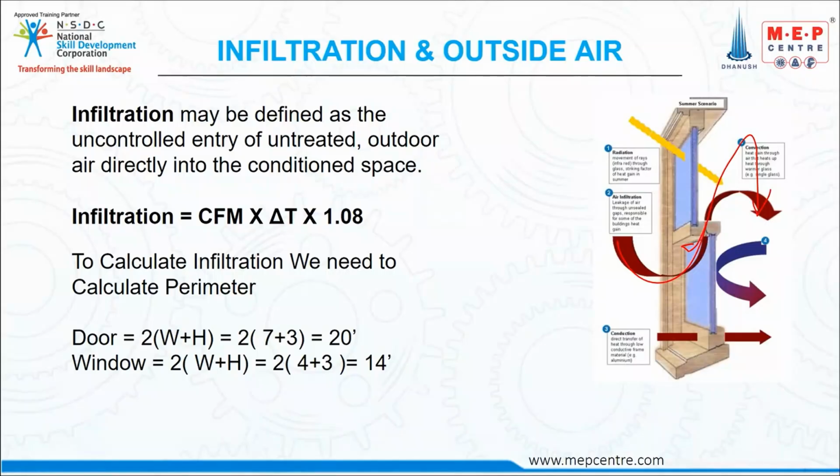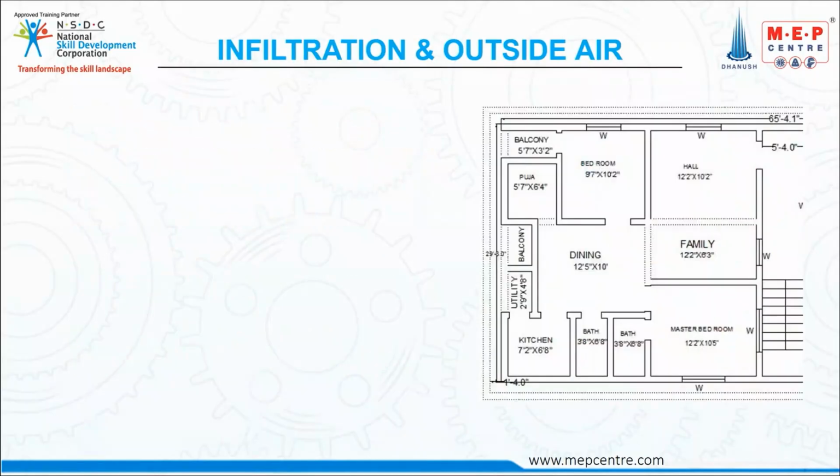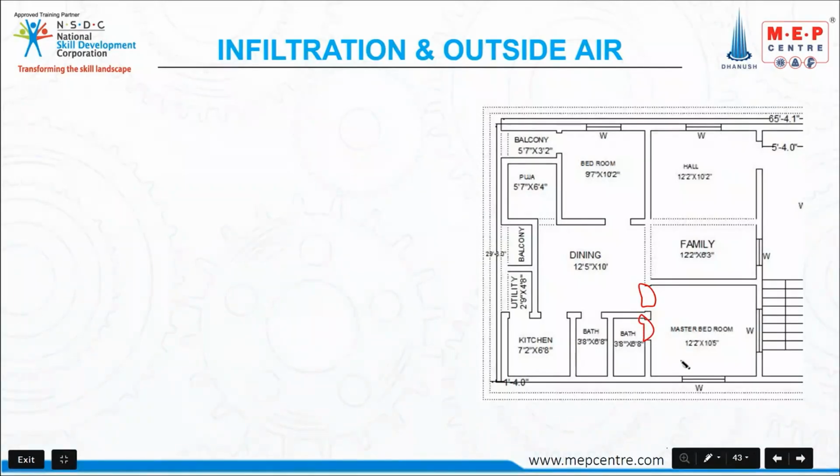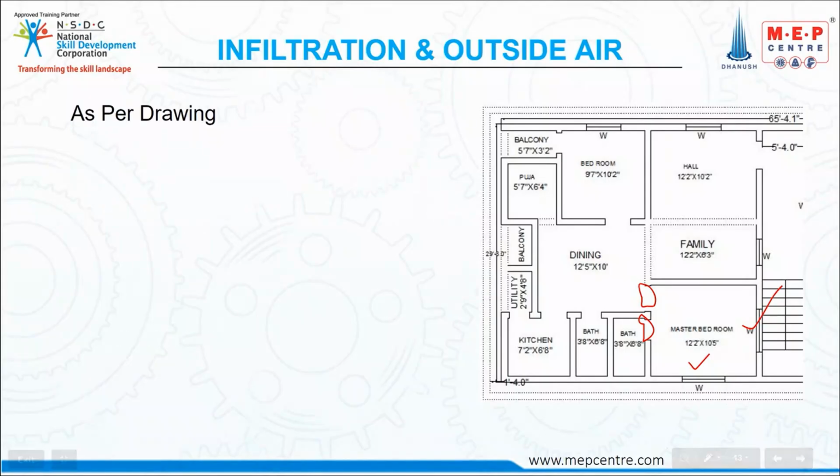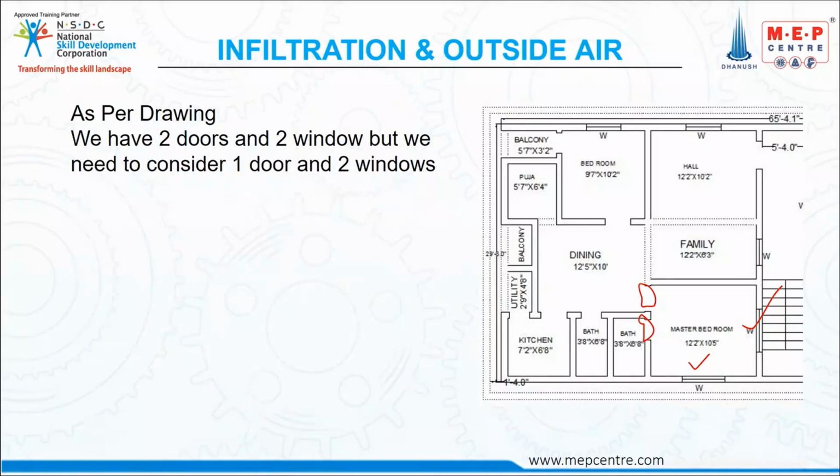Okay, now in this master bedroom, this is a door, this is a door, this is a window, and this is a window. As we have 2 doors and 2 windows, we need to consider only 1 door and 2 windows.